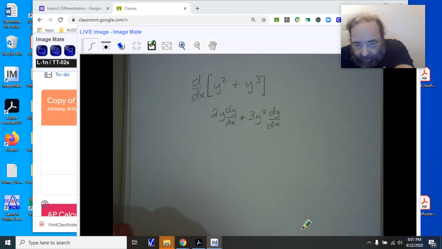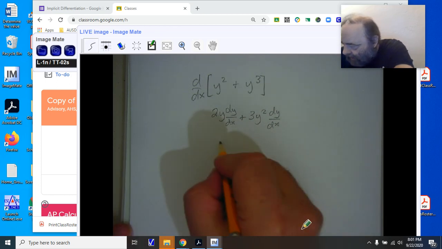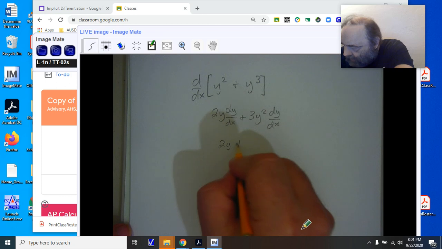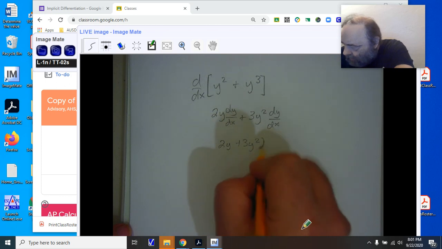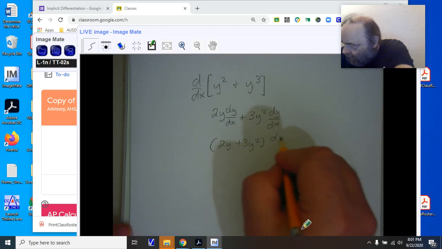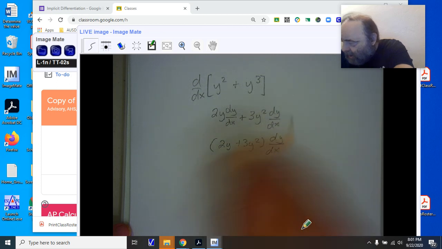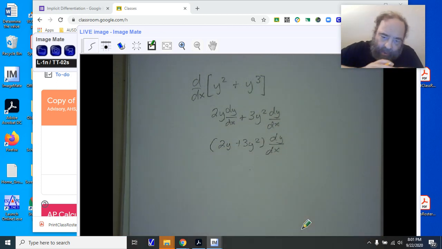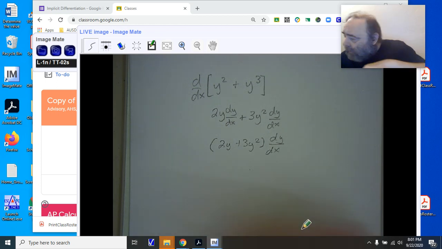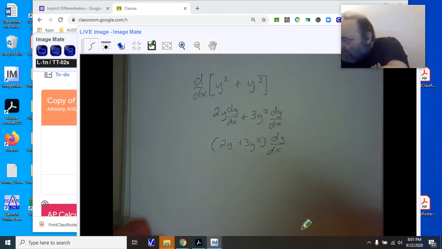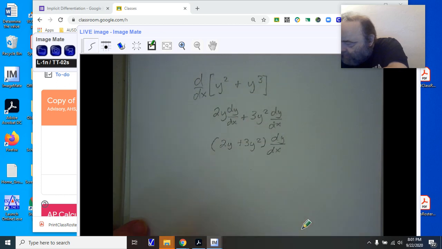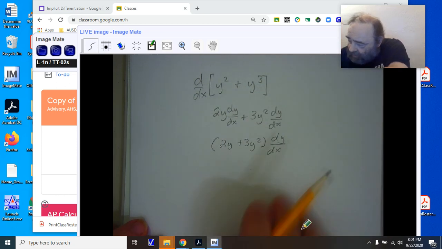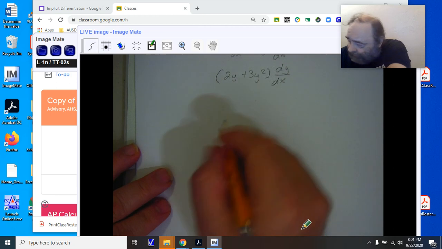Notice they both have a dy/dx, so we can factor that out. 2y plus 3y squared dy/dx. Now I mention this because there's going to come a point at which we're going to have to use what we know to solve for y. So we have our basic operations here, and you'll notice I'm just distributing this derivative to both pieces. That's our rule.